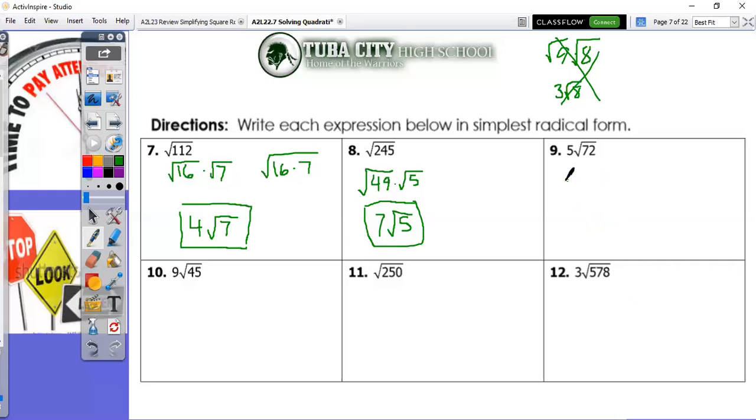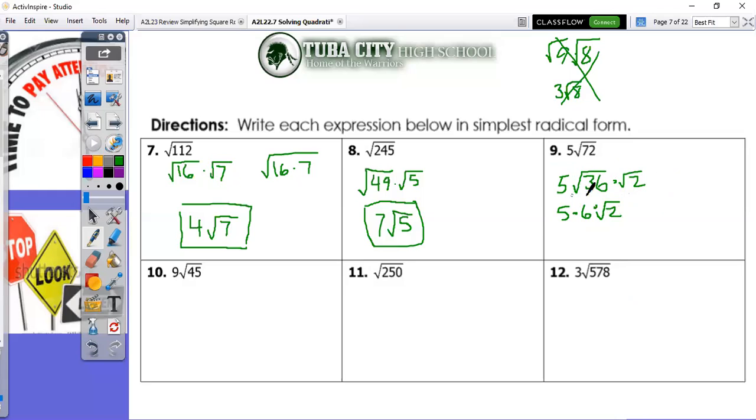36 times 2. 5 times root 36, and root 2. So I can take the square root of 36. That would be 6. And all three of these numbers are being multiplied to each other anyway. So I'm going to put that times back in there.